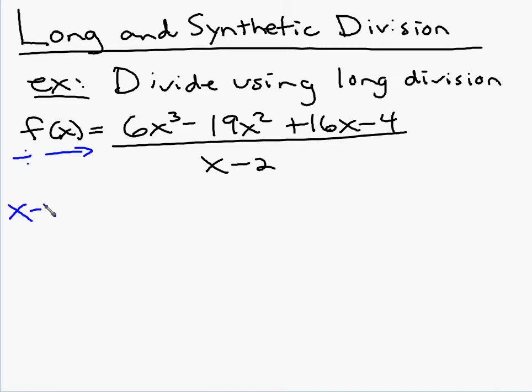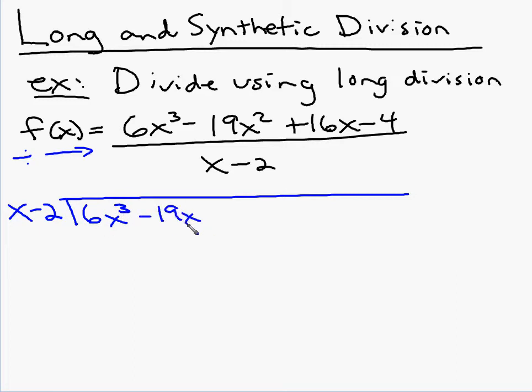I'm going to put x minus 2 on the outside, and I'm going to put the polynomial on the inside. 6x cubed minus 19x squared plus 16x minus 4. Now, this one works out nice because I have every term in my polynomial.